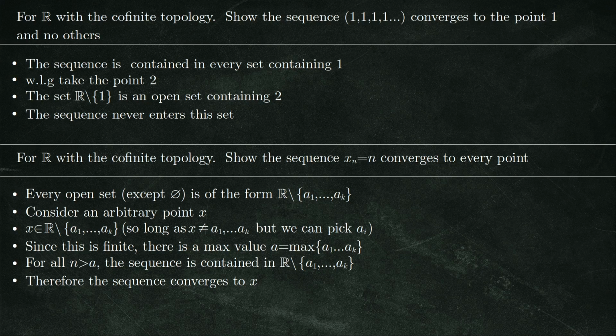So again, we need to check every open set, but since every open set is of this form, it's fine. And if we didn't have this condition of x not equaling A1 to AK, x wouldn't be in the set, so it wouldn't be an open set containing x. And then finally, x was arbitrary, so we can do this construction for any point x, and therefore we can show this sequence converges to any and every point.